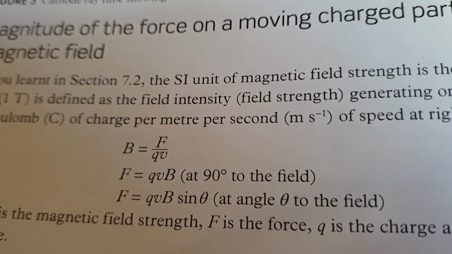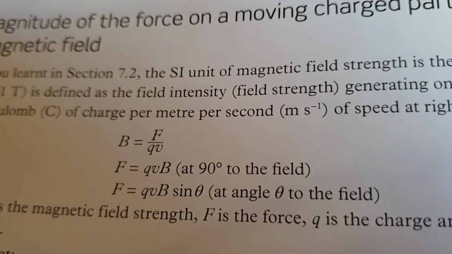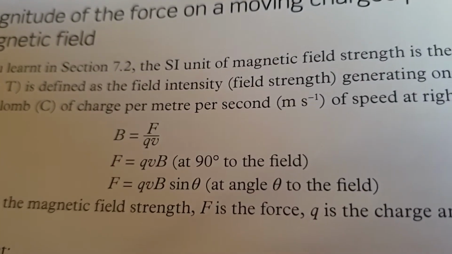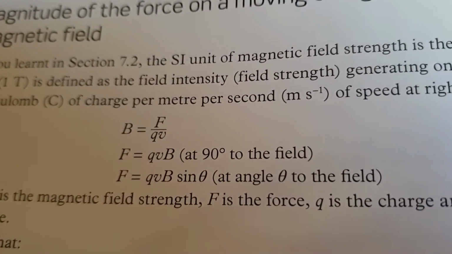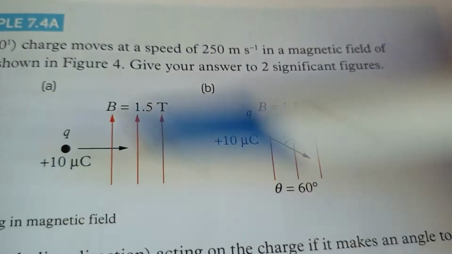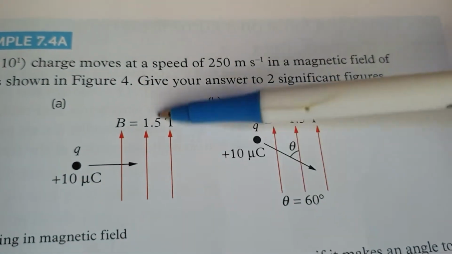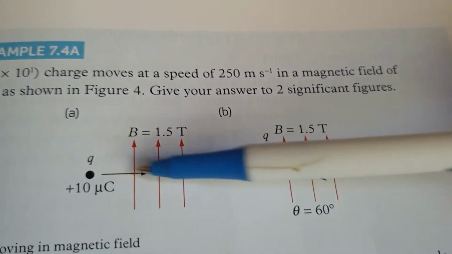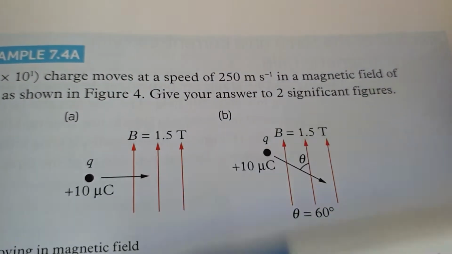That gets rearranged to F equals QVB. Now that's at 90 degrees to the field. 90 degrees is important, because 90 degrees gives you the maximum force. By 90 degrees, what they're talking about is something like this, where the magnetic field would be running up the page and the charge has been fired in at 90 degrees to the magnetic field.